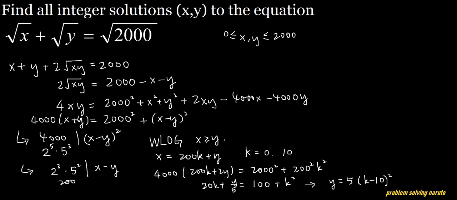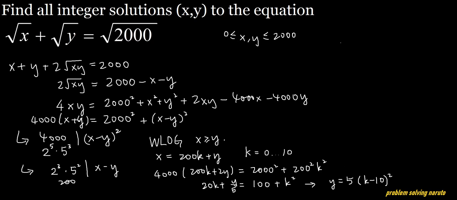for k equals 0 to 10. Does this pair satisfy this equation? Actually it does, and you can just verify.